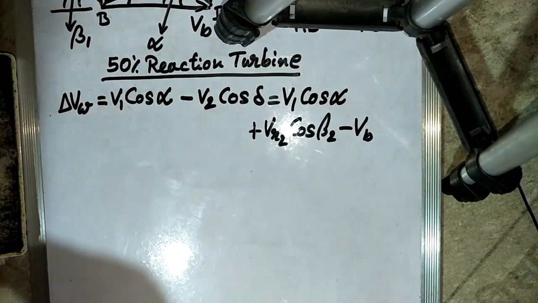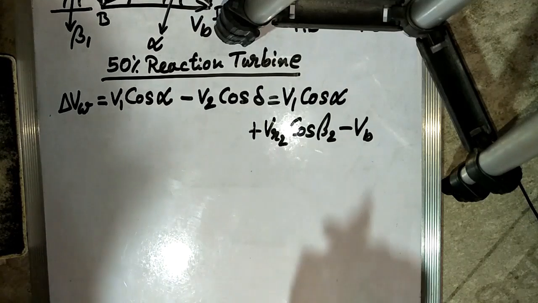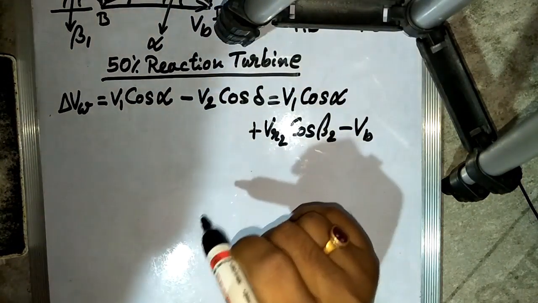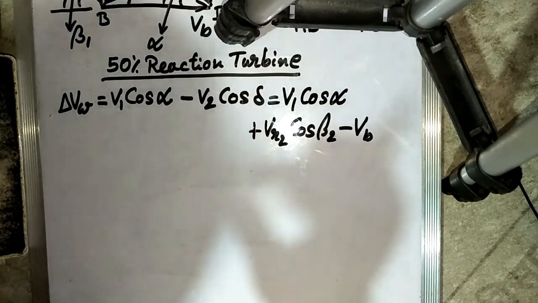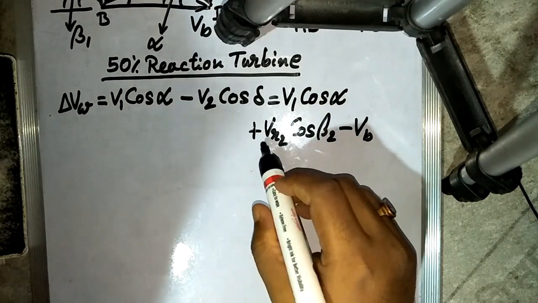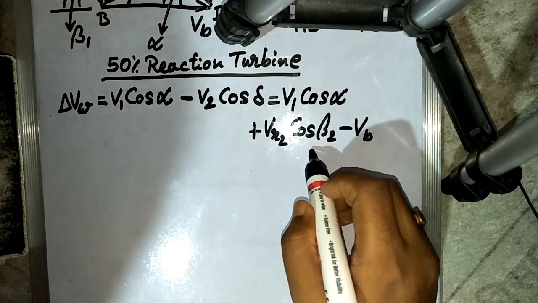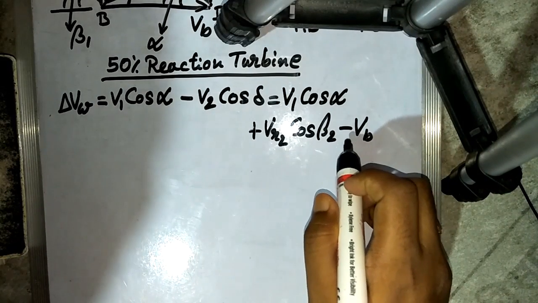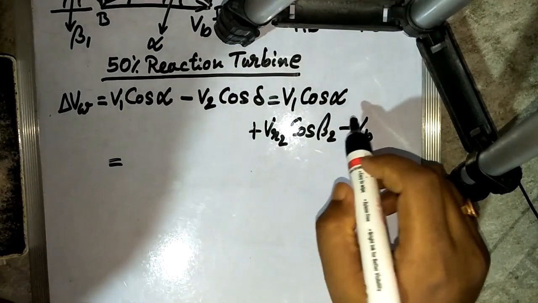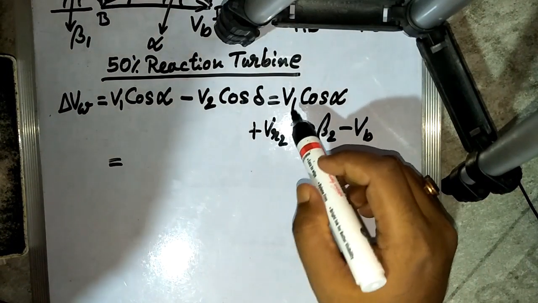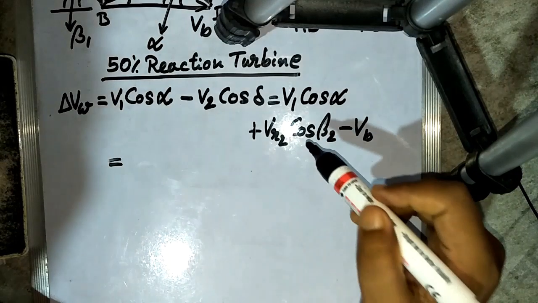Because we have already written that beta 1 is equal to 180 minus delta, we can write VR2 cos beta 2 minus Vb. And we know that alpha is equal to beta 2 and V1 is equal to VR2 from the geometry.